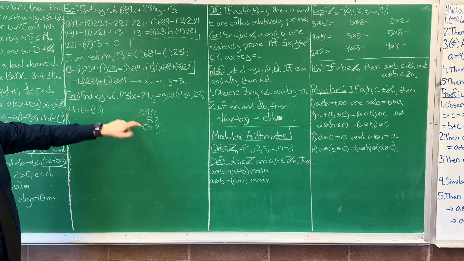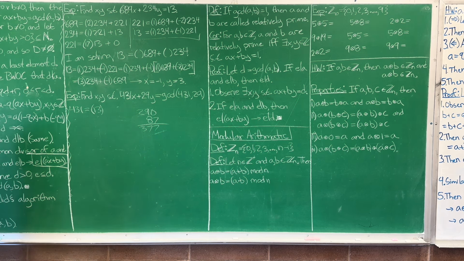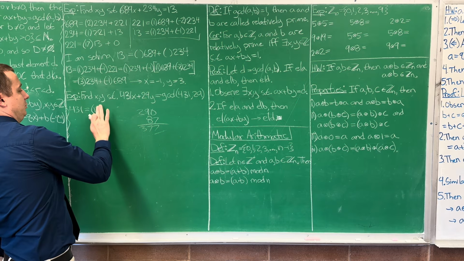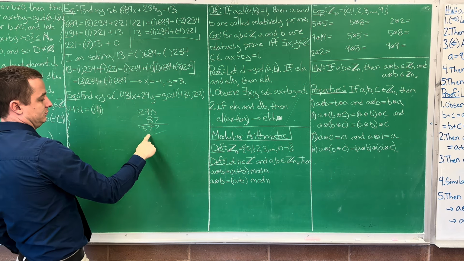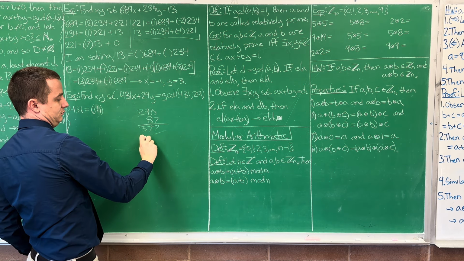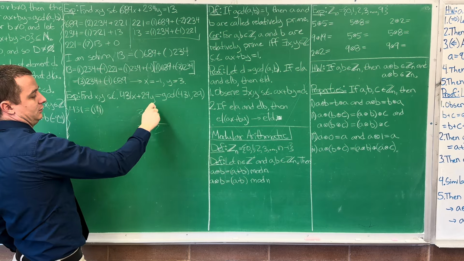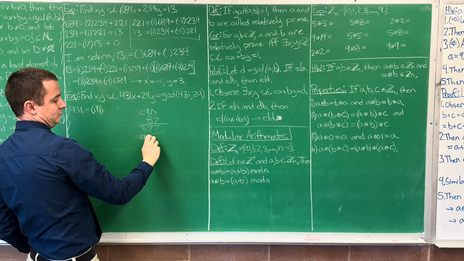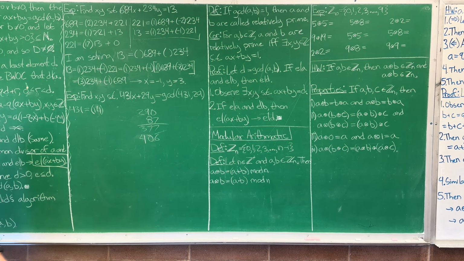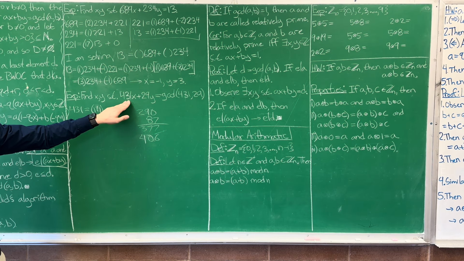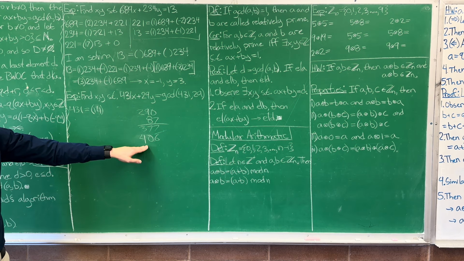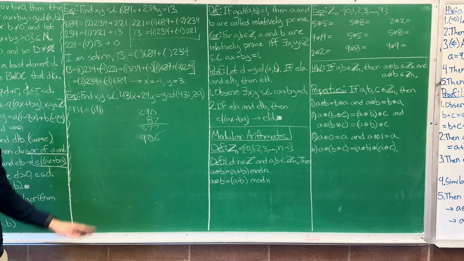Can we do 2 more 29s, or can we only do 1 more? If we did 1 more 29, so we made it 14, adding 29 to this gets us 406. So our remainder is going to be 25. Okay.